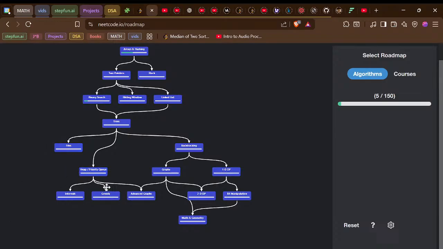So we're gonna study the heaps, backtracking, the main thing obviously, graphs, and intervals are kind of needed, and yeah. So right now this is the goal with my DSA.